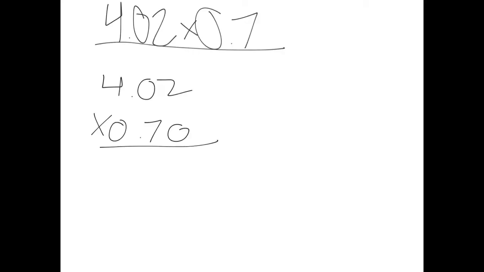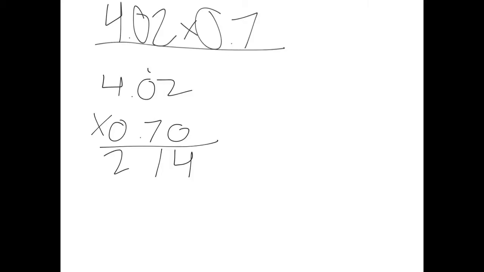So 7 times 2 is 14. 7 times 0 is 0 plus 1, which is 1. And 7 times 4 is 28.